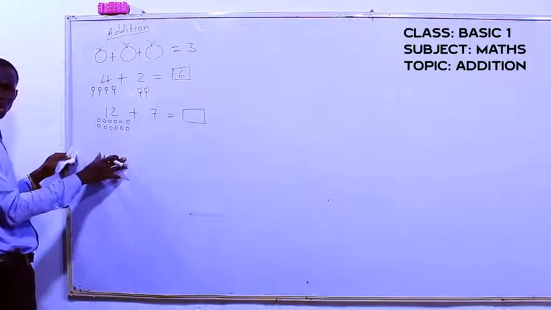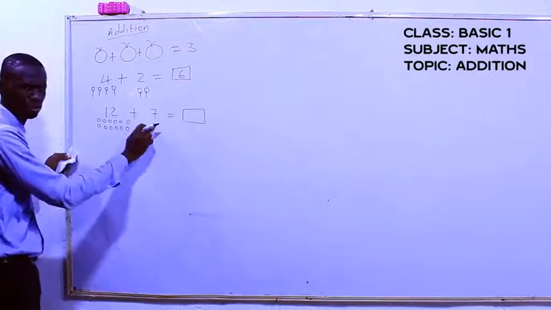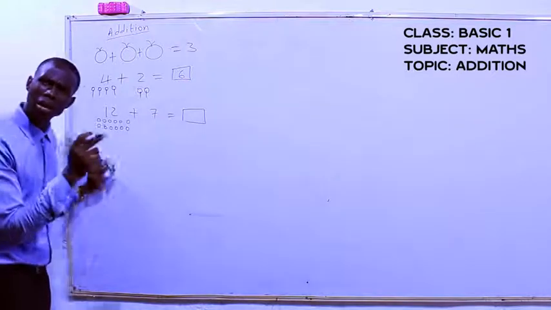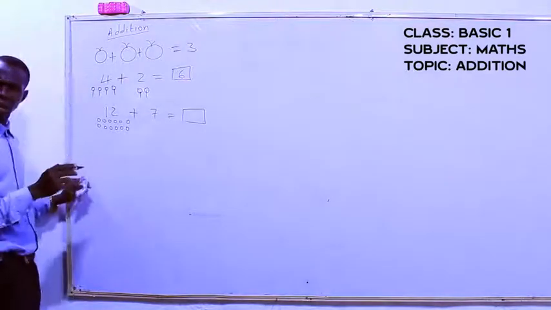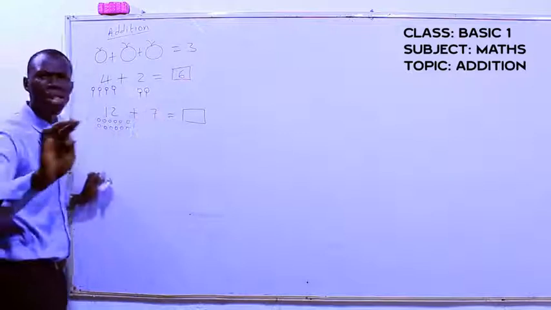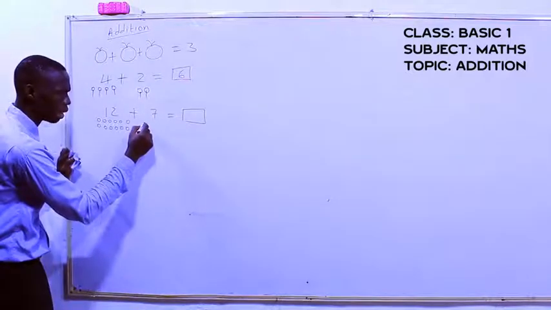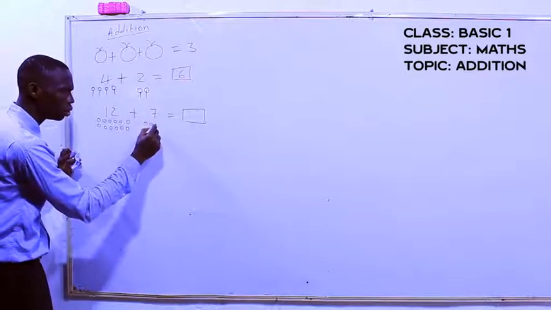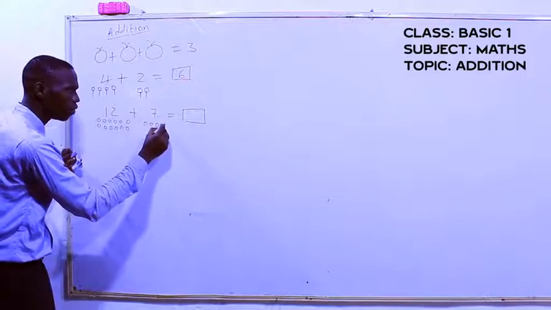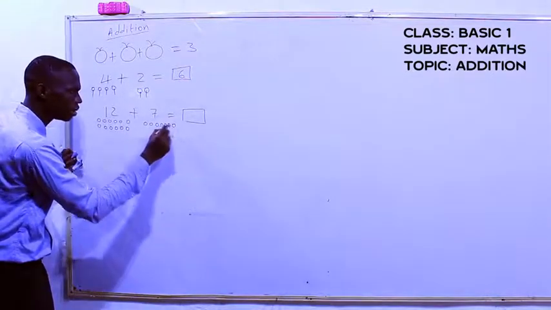What are we adding to it? 7. Can you add 7? If you can't, just count 7 stones on one side. 1, 2, 3, 4, 5, 6, 7.